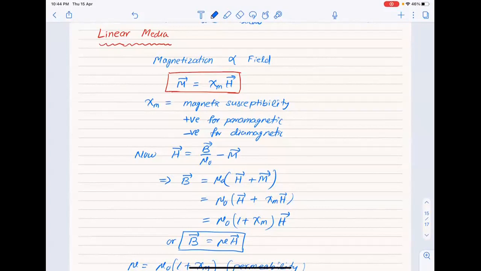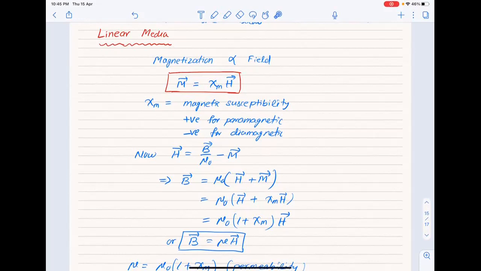In other words, you can say that your magnetization is proportional to the field. Then you can write the equality of magnetization with respect to field using a proportionality constant that we call chi m.